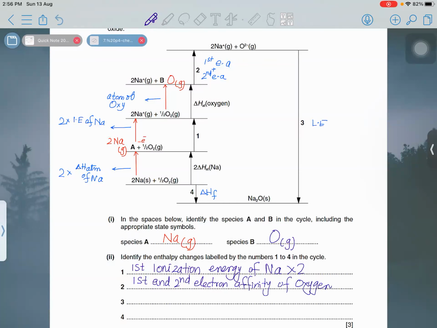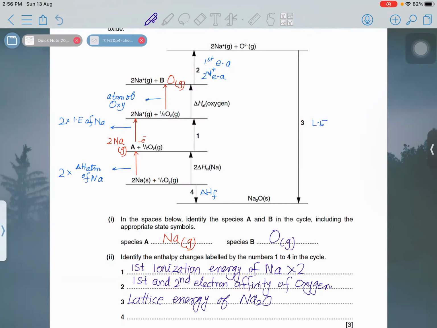And what is 3? The lattice energy of Na2O.